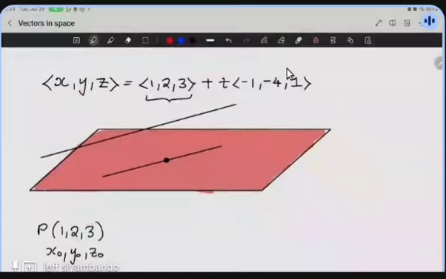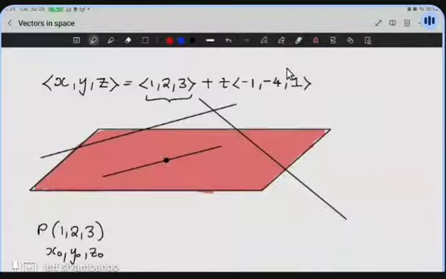Doesn't necessarily have to lie on the plane. It can be above our plane, it can be below our plane. Can be even this one, we can argue to say that it is parallel to our plane. All we're saying is we have two lines which are parallel to our plane.